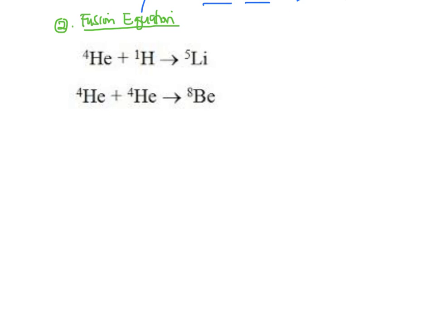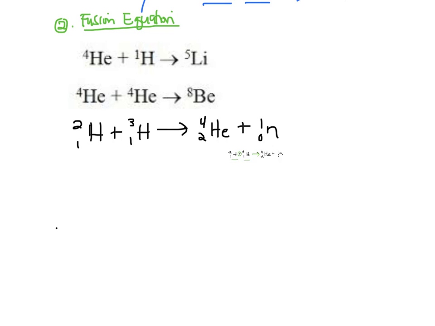So here's what a fusion equation might look like. The first one is helium fusing with hydrogen to form lithium. And then we've got the second one, two heliums fusing to form beryllium. Or, of course, the one that we started with: you've got, say, hydrogen, deuterium, and tritium, so two isotopes of hydrogen joining to become helium and a neutron.